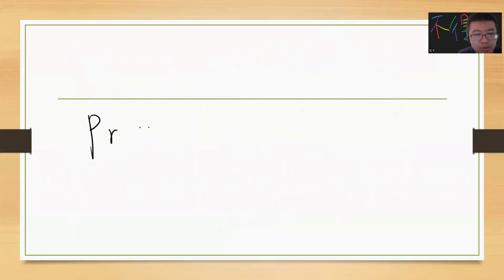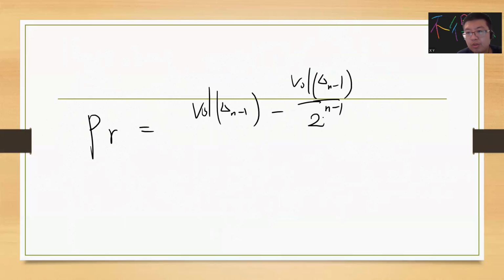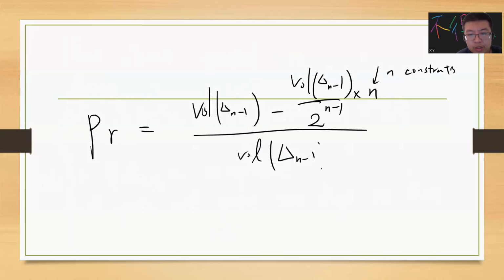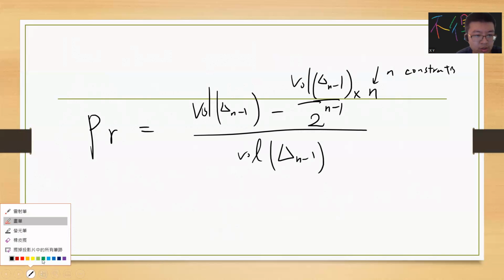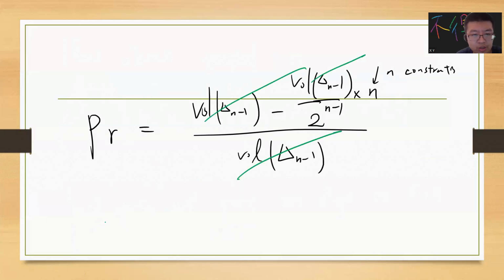The probability will be the volume of delta n minus 1 minus the volume of delta n minus 1 divided by 2 to the n minus 1, because each one is half and you are in an n minus 1 dimensional object, times n, because you have n constraints, and then divided by the volume of delta n minus 1. So the answer is just 1 divided by n times 2 to the n minus 1.